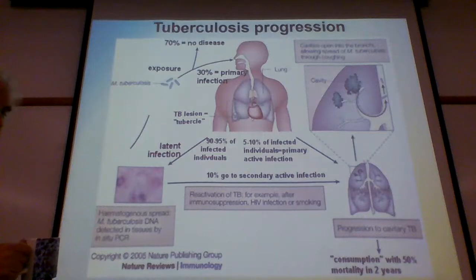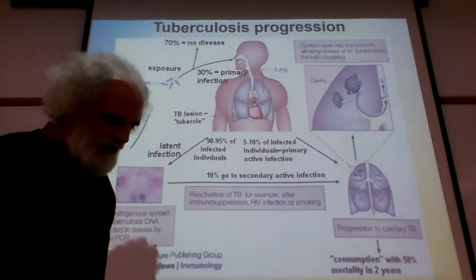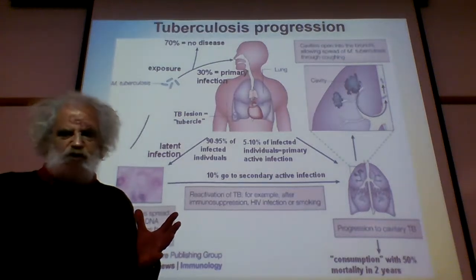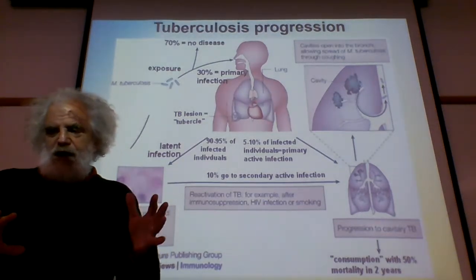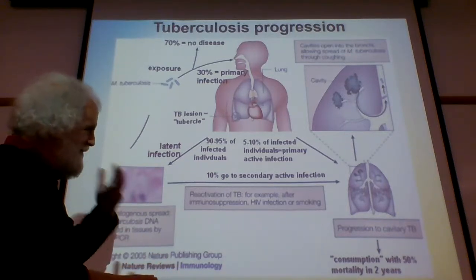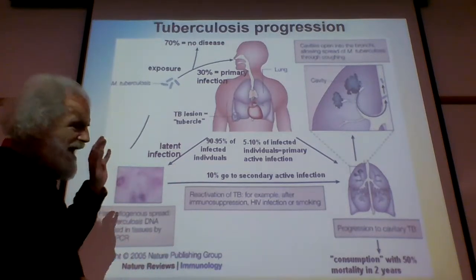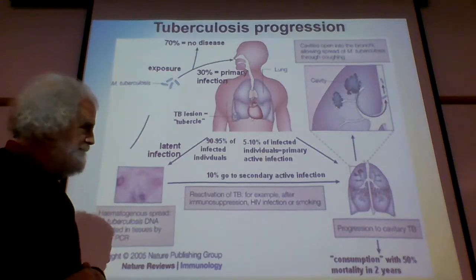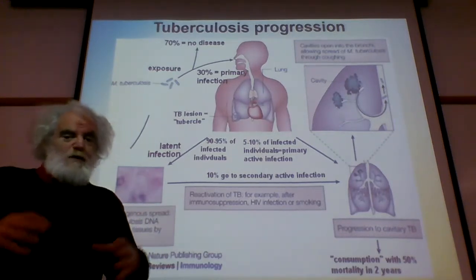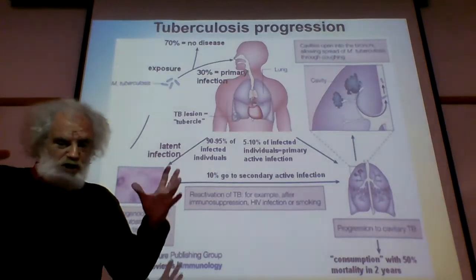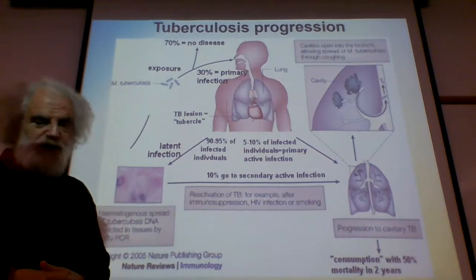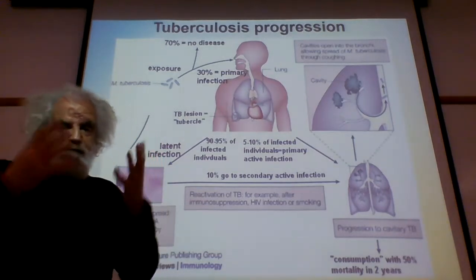People can have TB infections that are somewhat dormant. They've gone into a remission, and they can be reactivated after immunosuppression. HIV infection is one of the mechanisms that can cause immunosuppression, and that can result in the TB coming back up.